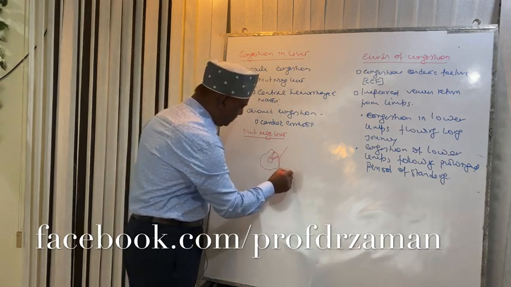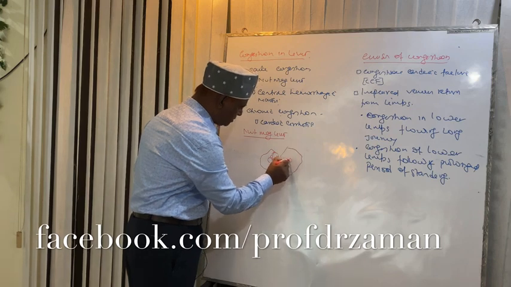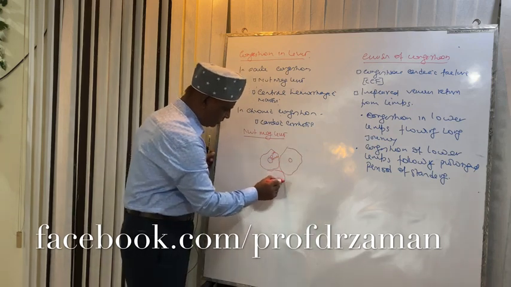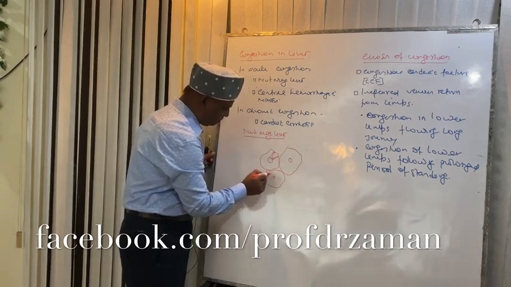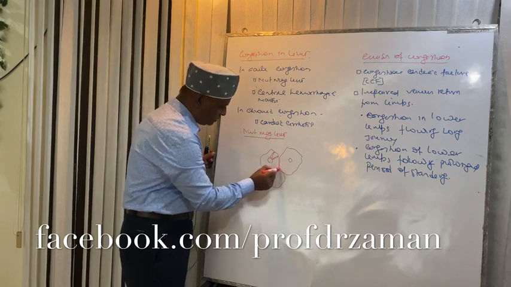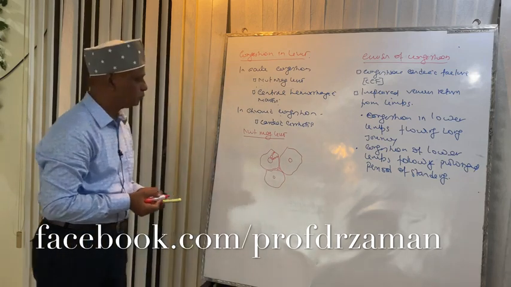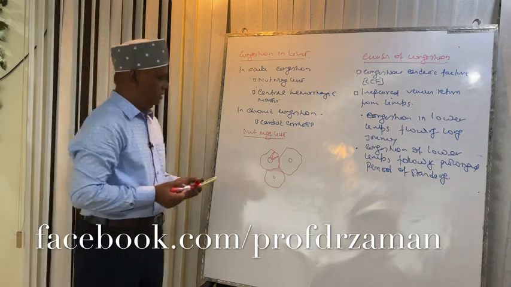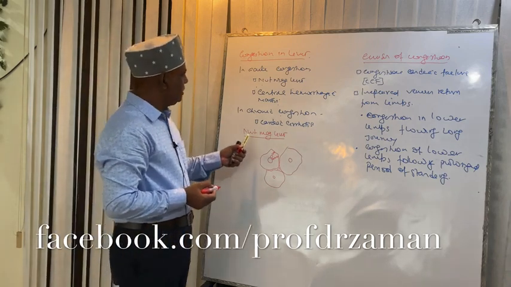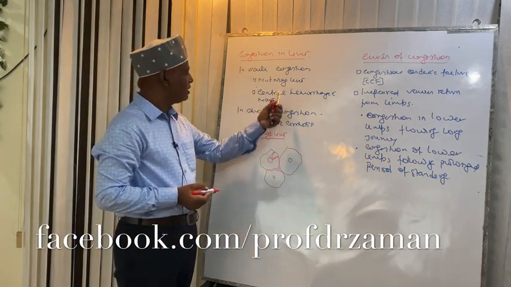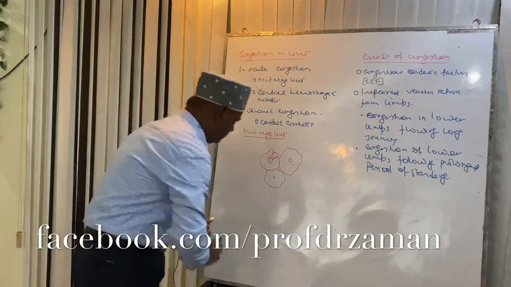And again, this is the hepatic lobule with central vein, and this is the hepatic lobule with central vein. This is the portal tract. Dear audience, in nutmeg liver, what happens?